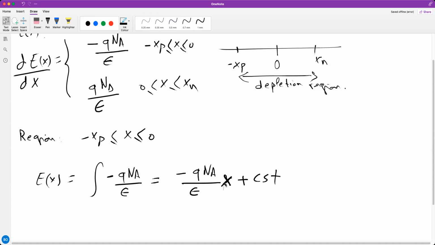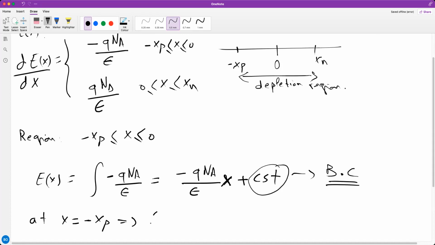Now I want to calculate the constant, using the boundary conditions. I know that at x equal to minus XP, what will be the value of the electric field? What will be the value of the electric field here?